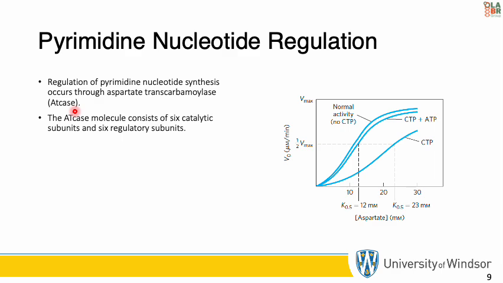The entire ATCase molecule, as well as its subunits, exists in 2 conformations, active and inactive, which makes the most sense. When CTP is not bound to the regulatory subunits, the enzyme is maximally active.